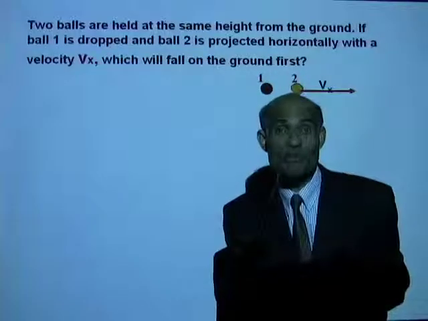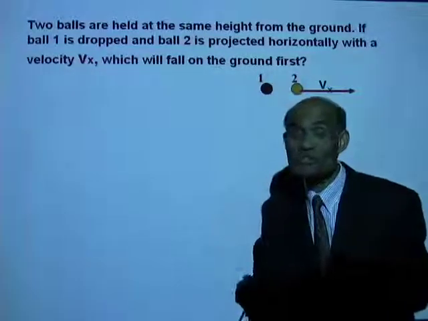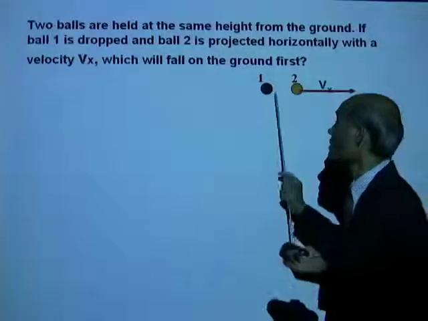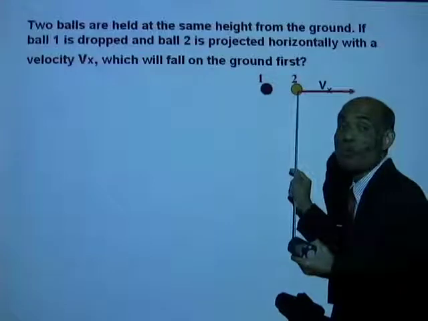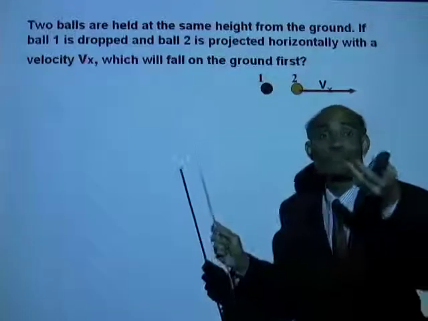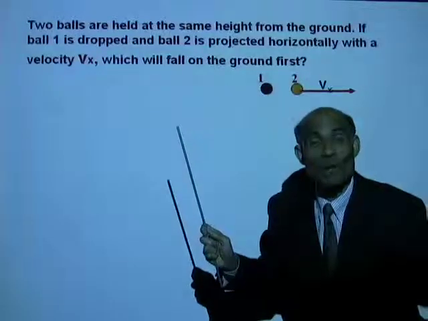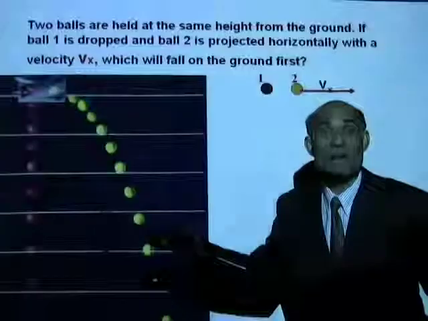Have you got an answer for that? Well, if you understood the concept I developed so far, you should understand that the vertical motion of this projected ball will be exactly the same as the vertical motion of the freely falling ball. That means both should fall at the same time.